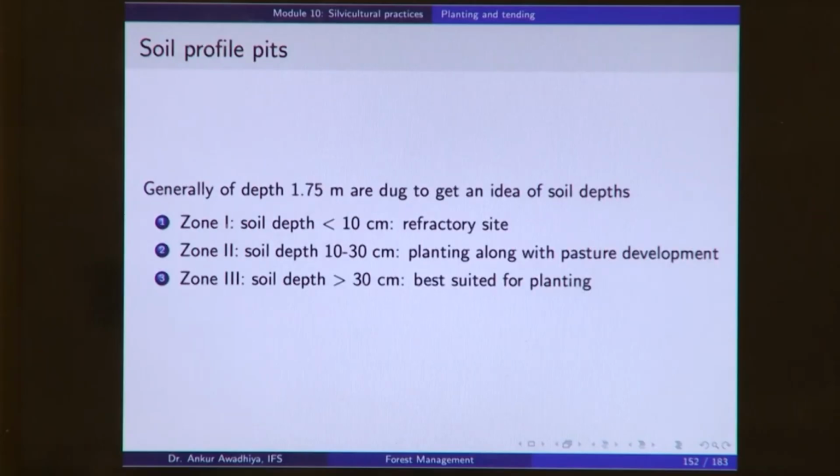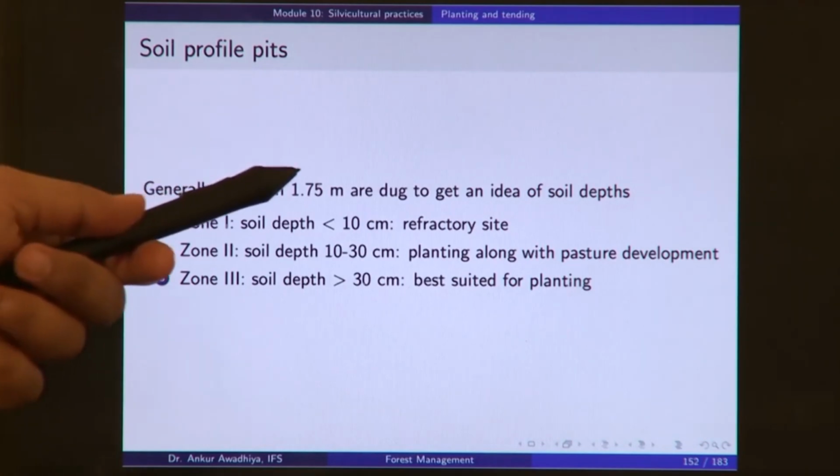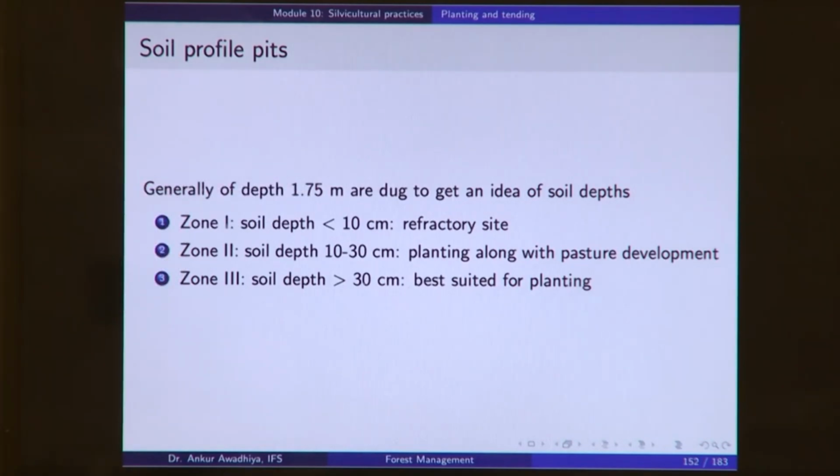Now, before we do a planting operation, we begin with the generation of a soil profile. Now, soil profile is typically figured out by digging certain soil profile pits, which are generally of the depth of 1.75 meters. Now, why do we need to have a soil profile map?